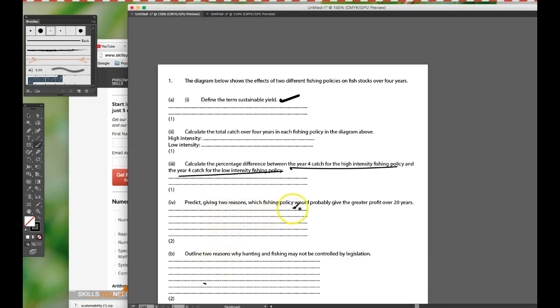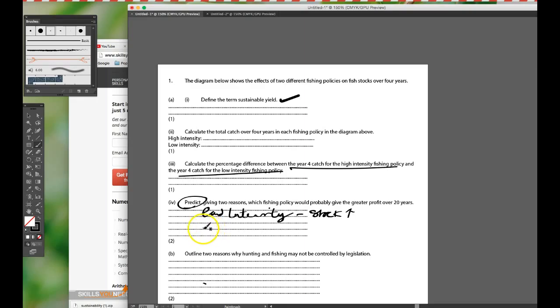Predict, giving 2 reasons, which policy would probably give the greater profit over 20 years. Obviously, the low intensity, so we want to predict. Now, quite often, I would say in the majority of times, when there's a predict, you could argue on either side. So low intensity gives the greater profit because the stock is going to keep increasing.